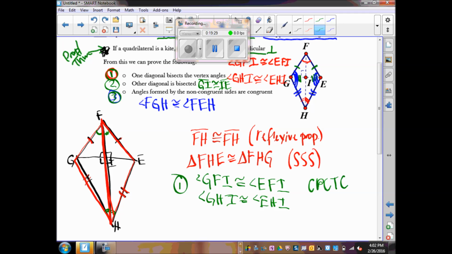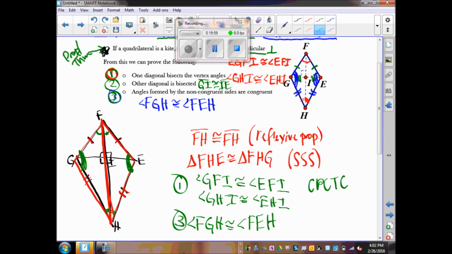So again, we have our congruent triangles, so I can say angle FGH, step 3. Okay, FGH, that angle, is congruent to my other one, FEH, this big guy here, angle FEH.